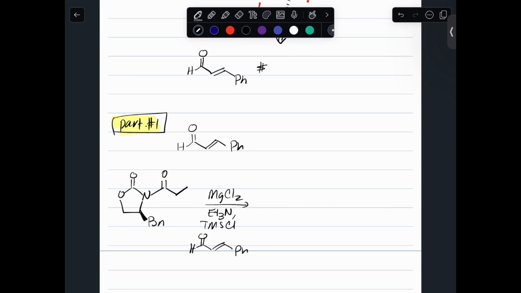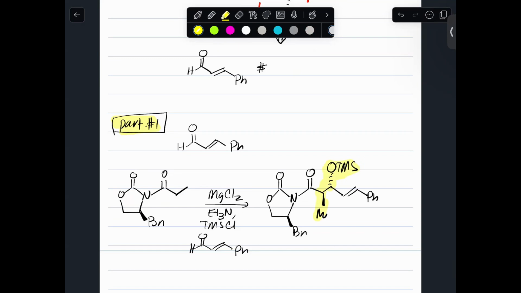And we get our anti-product. Don't forget that when we get our anti-product, our first substituent, alpha to the carbonyl is syn to the substituent on the oxazolidinone. But you can see our anti-product.